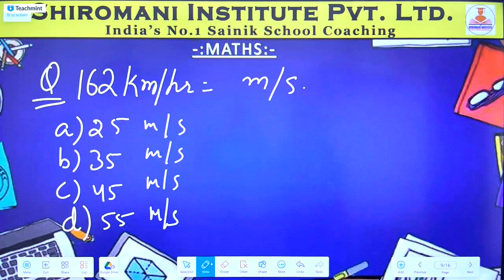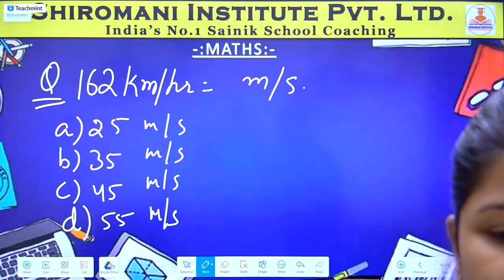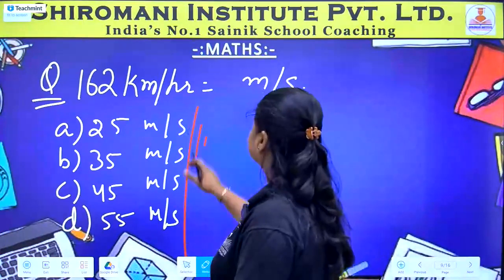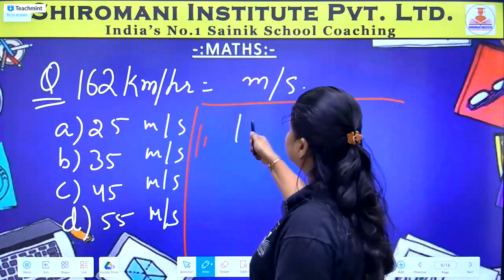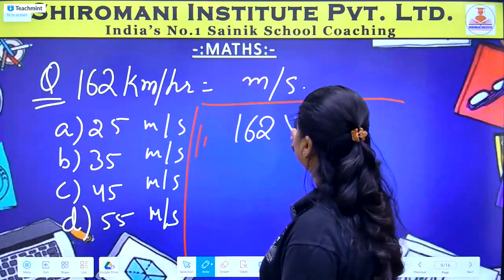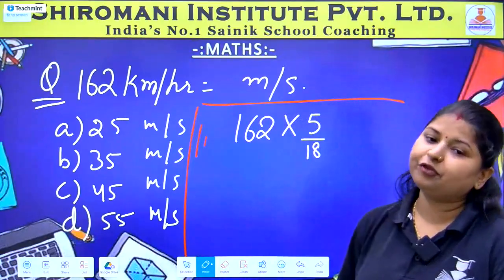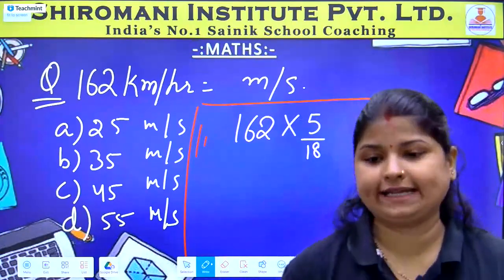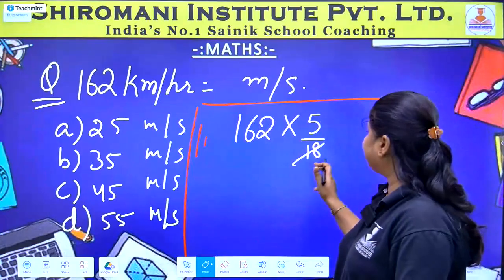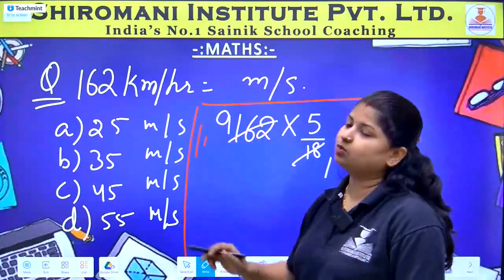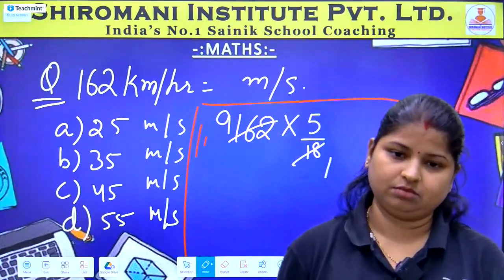Okay, this time 34 of you have given me the correct answer. Sudeep, Swastik and Gahan. Very good, beta. First three to answer me. 162 into 5 upon 18, right? And if you know the table of 18, you know 18 into 9 is 162.